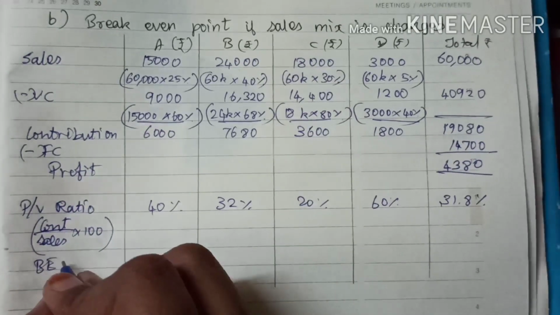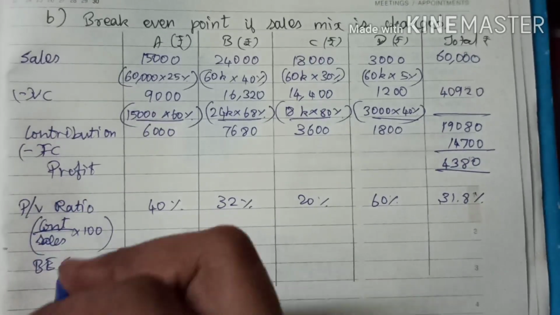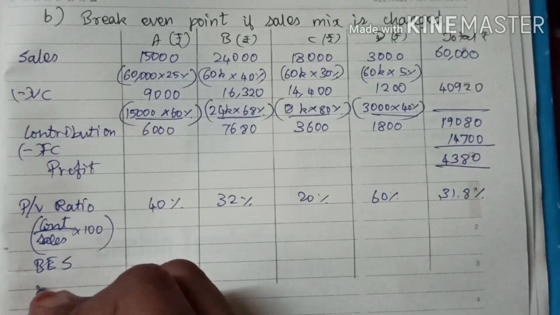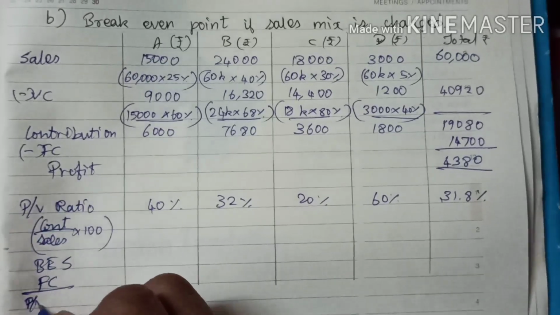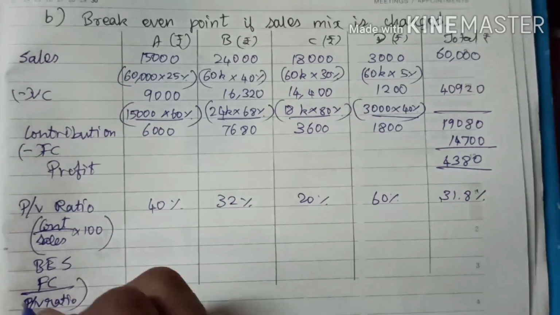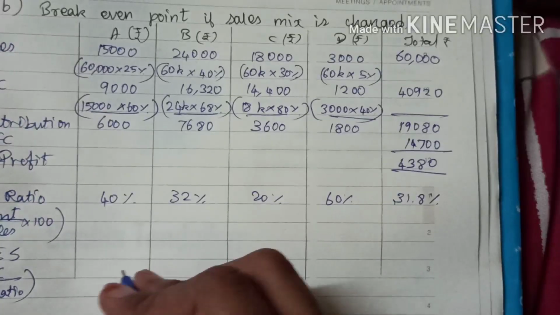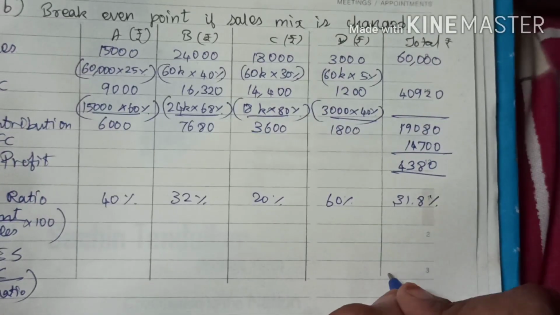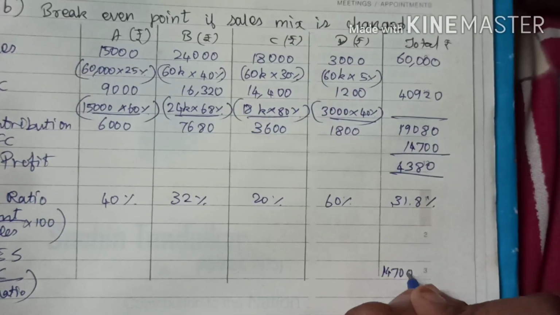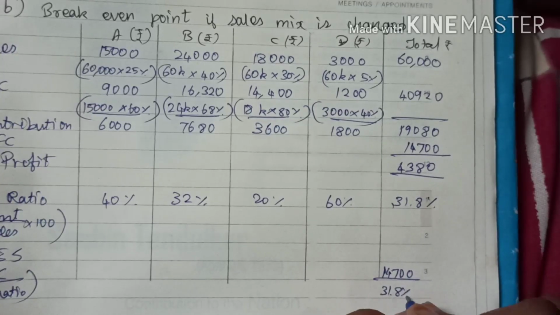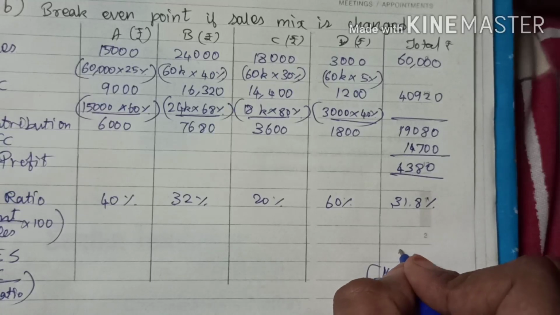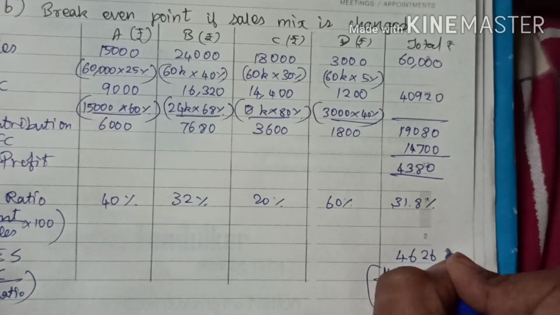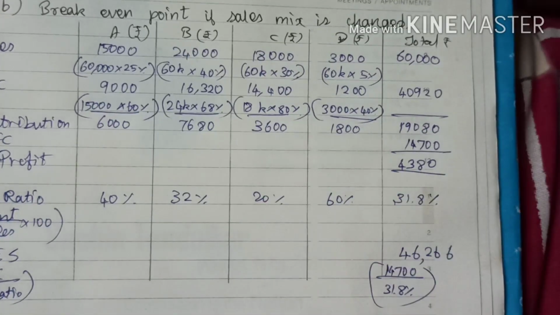Then BES, that is break-even sales. For break-even sales, the formula is fixed cost divided by PV ratio, and here the fixed cost is 14,700 divided by 31.8%. Then we will get 46,266. That's it. The first illustration is over.